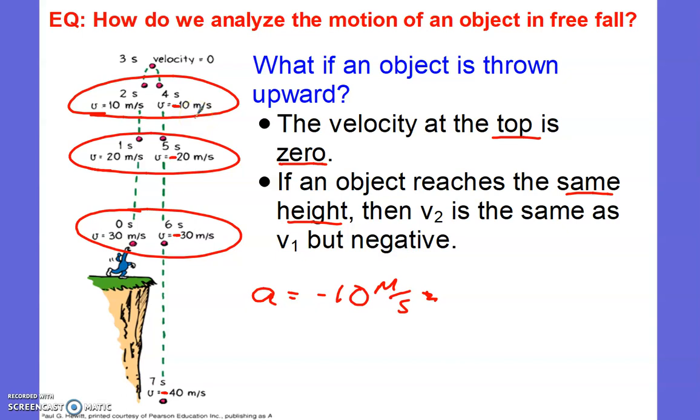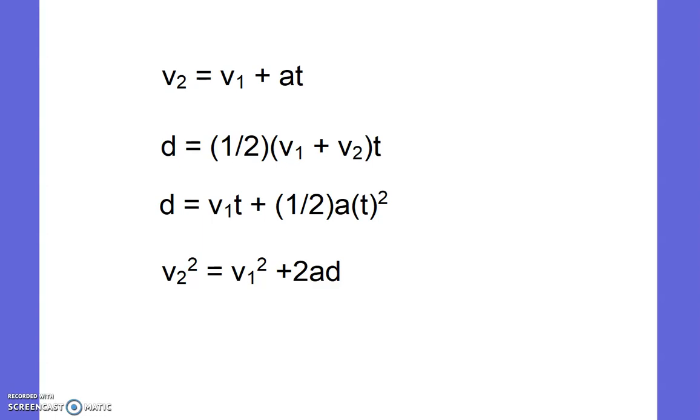So now we want to go over how to solve some problems that involve this idea of free fall. To do so, there are 4 different equations. I'll list them as 1, 2, 3, and 4. In these equations, we have d, which represents the distance, measured in meters. We have t, which represents the time, measured in seconds.